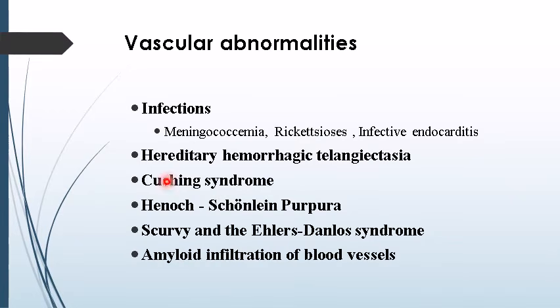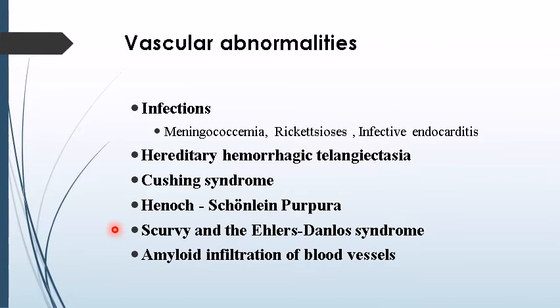Henoch-Schönlein purpura, a sort of vascular disease, mainly occurs in children, and also affects vascular integrity. Scurvy, that is to say vitamin C deficiency, will affect collagen. Also, Ehlers-Danlos syndrome will affect collagen formation.